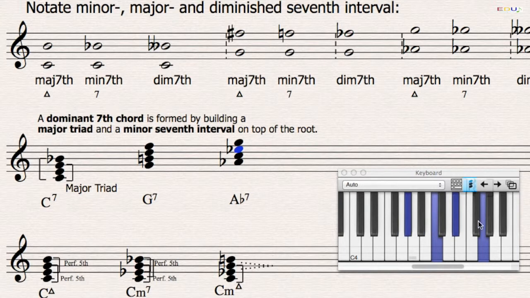We jump up the octave and we see the tone material given is a G. However, we need to go down 2 semitone steps from A. 1, 2, we find this key, and so we need to flatten the G to a G flat. And now we have formed an A flat 7th chord. You can also call it A flat dominant 7.